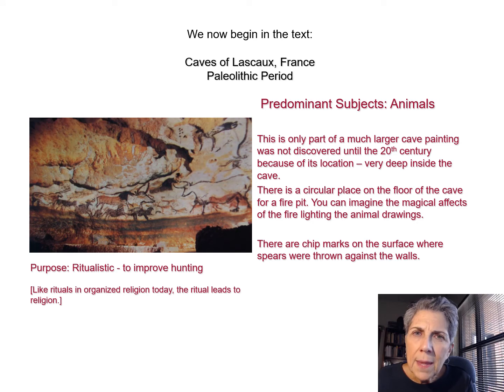So we say then that the purpose of this is ritualistic. It is ritualistic to improve hunting. Why else would you throw? I don't think they were just playing, like a child that throws a stick. This is serious business, surviving.